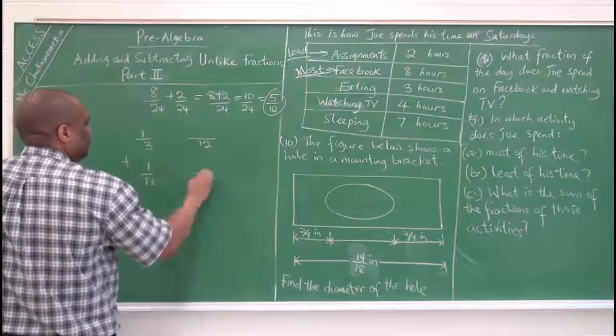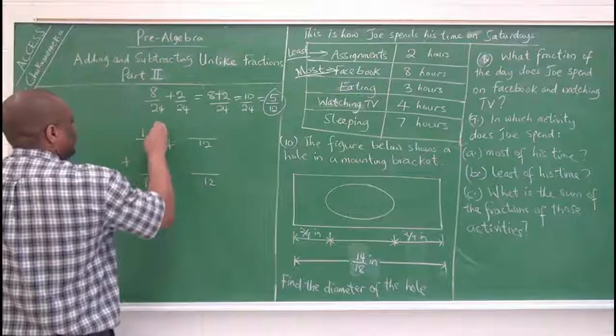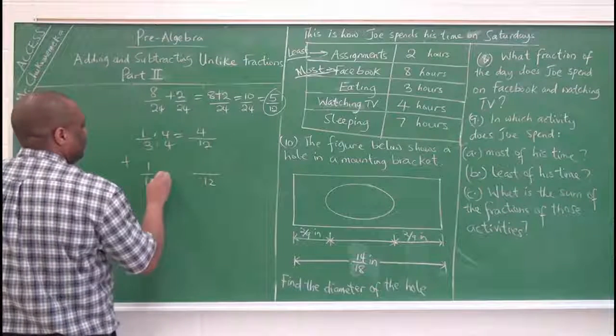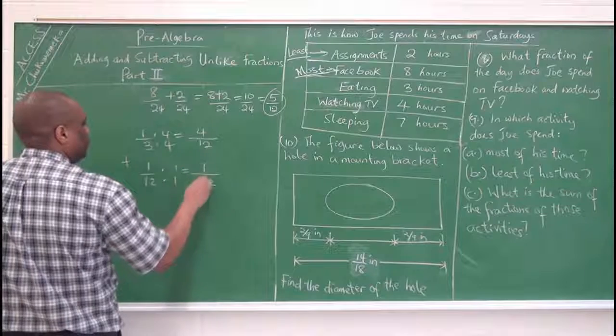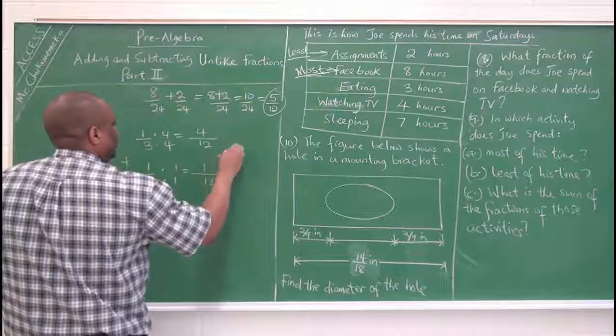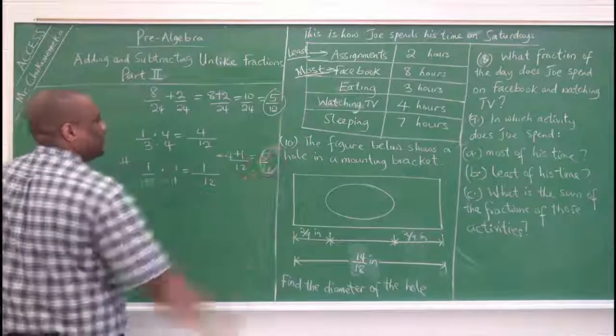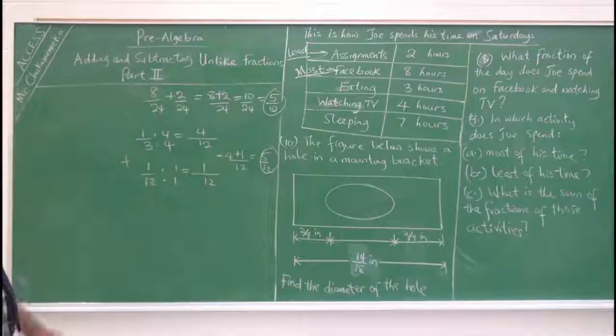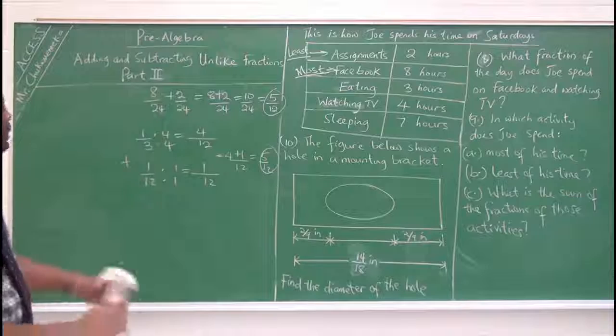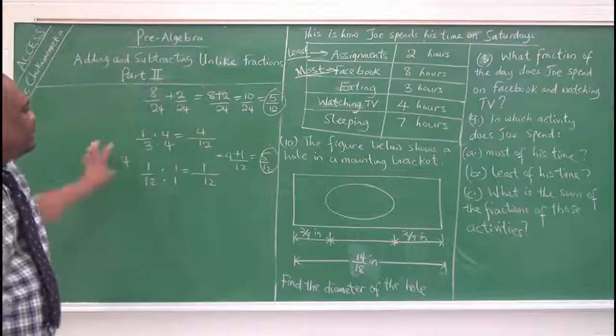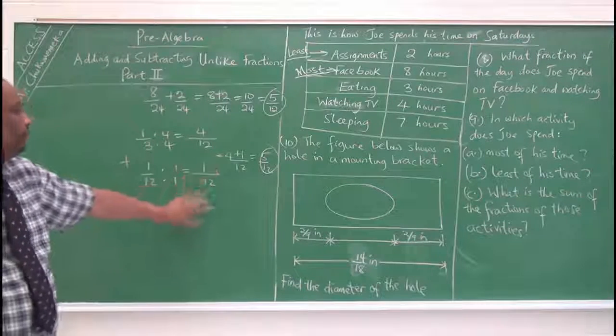LCD is 12. 12 times 4 gives 4, times 1 gives 1. So this is 4 plus 1 over 12, which is 5 out of 12. That's another way you can do it. This is with unlike fractions.